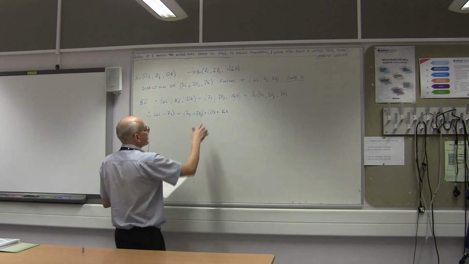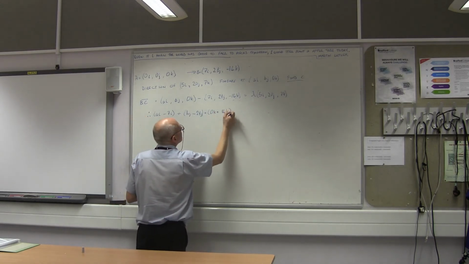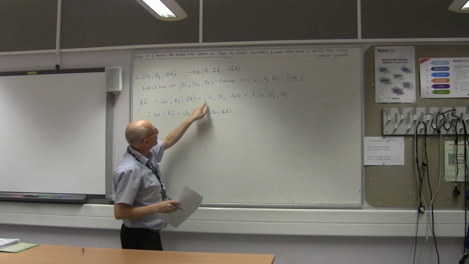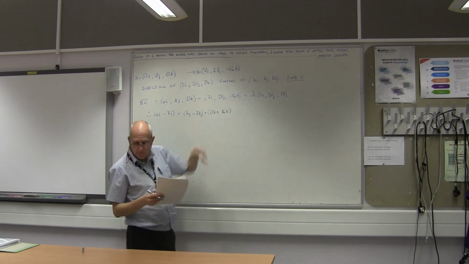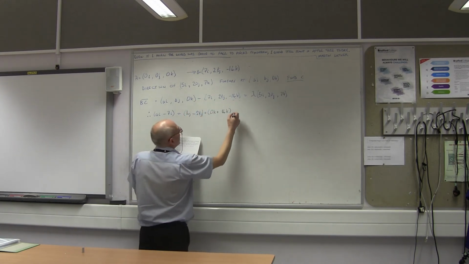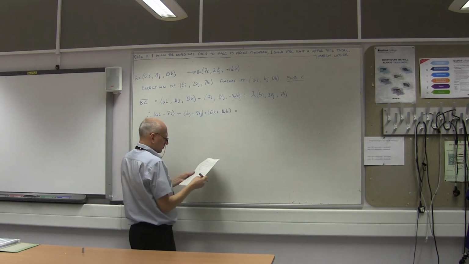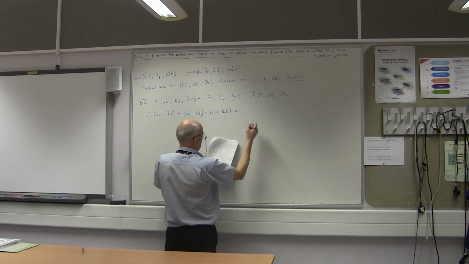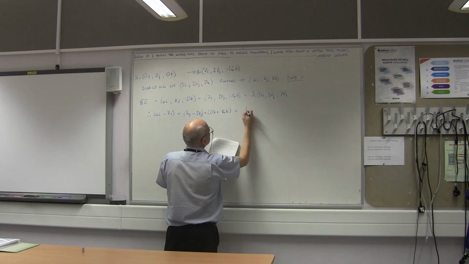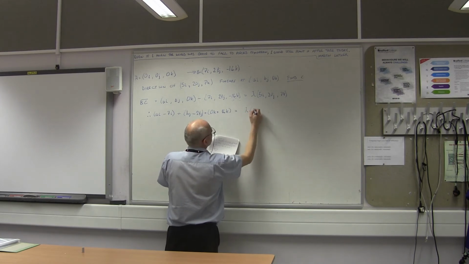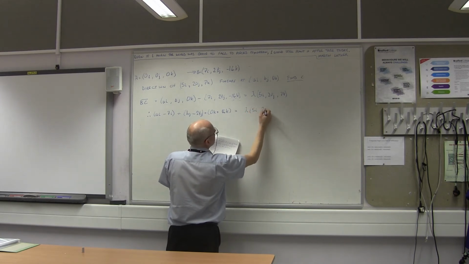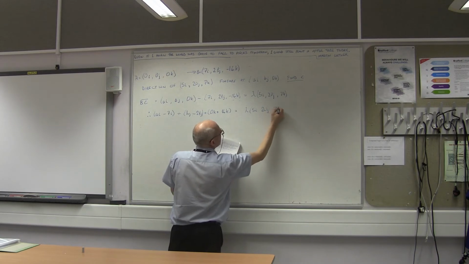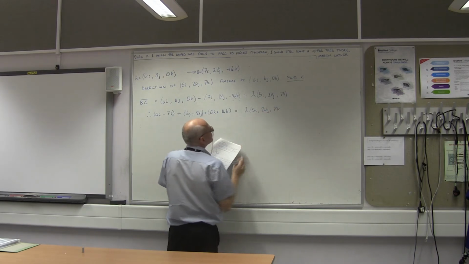So I'm subtracting it, that's why it's become plus. That's a minus sign, so that makes minus minus plus. Okay, equals our lambda of 5i, 20j, 7k. Okay.